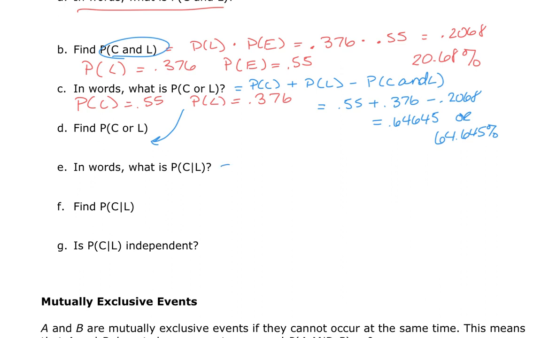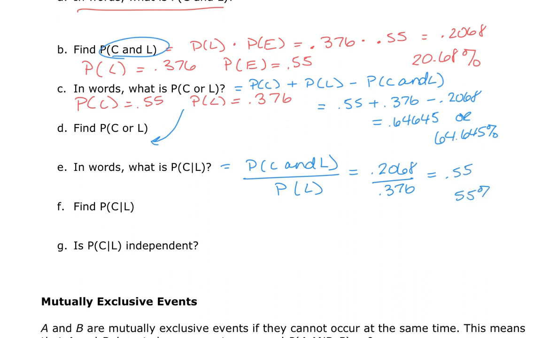This is going to be P of C and L divided by the probability of L. So P of C and L was that overlap, which was 0.2068. My L was, from before, 0.376. And then this ends up being 0.55 or a 55% chance.